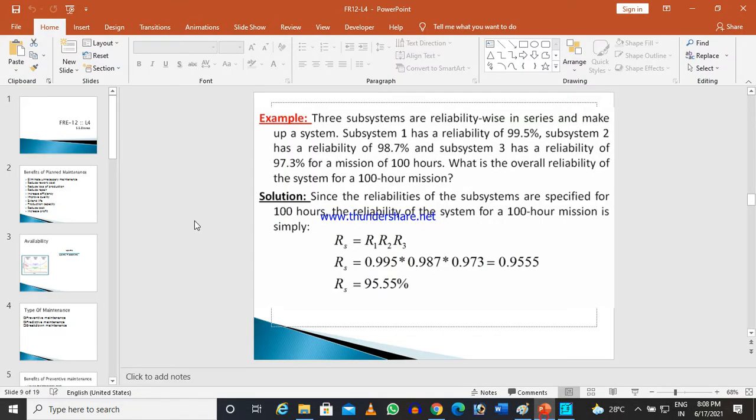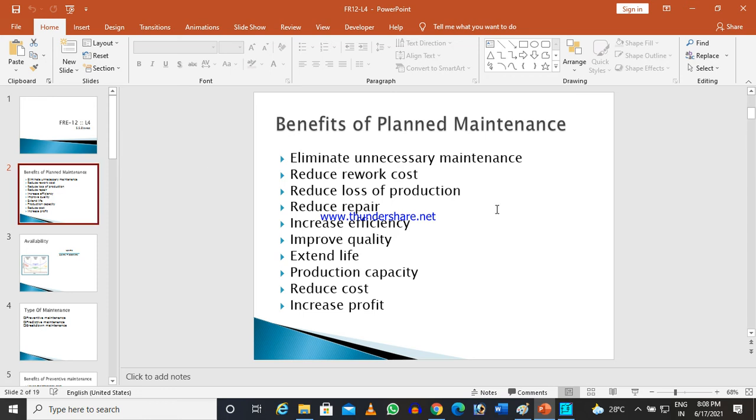The next part is, today we will start with maintenance. So the concept of maintenance. What are the benefits of planned maintenance? First of all, if you plan for a scheduled maintenance, then definitely we will be doing the maintenance to avoid the breakdown.